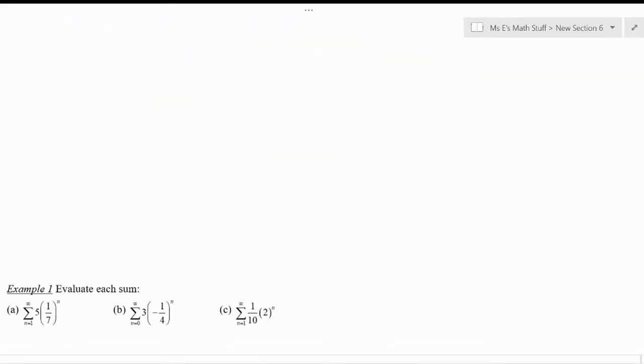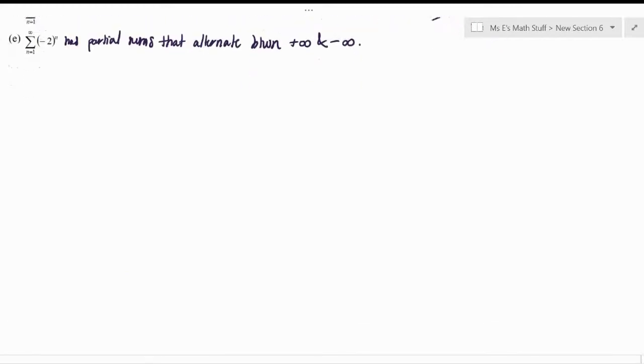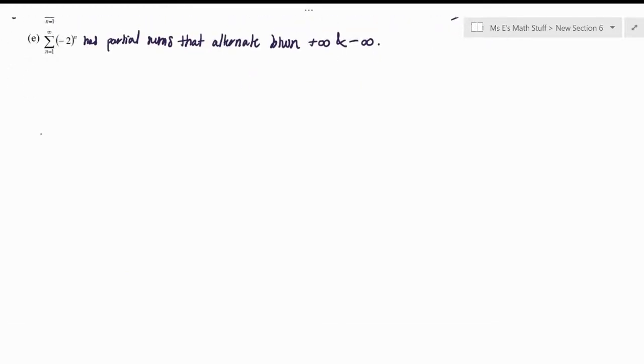Let's see. Do we have an example one here? Okay. So basically, think about the formula for the nth partial sum of a geometric series or sequence, depending on how you want to word this.